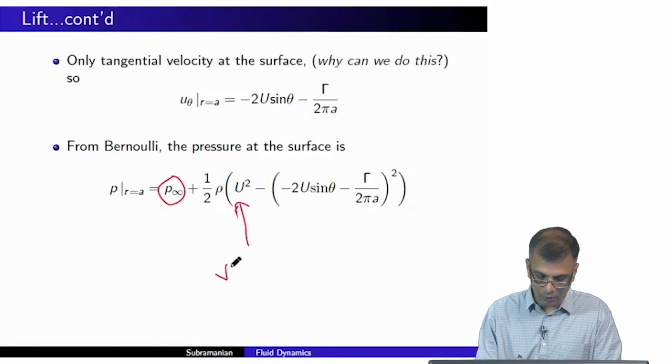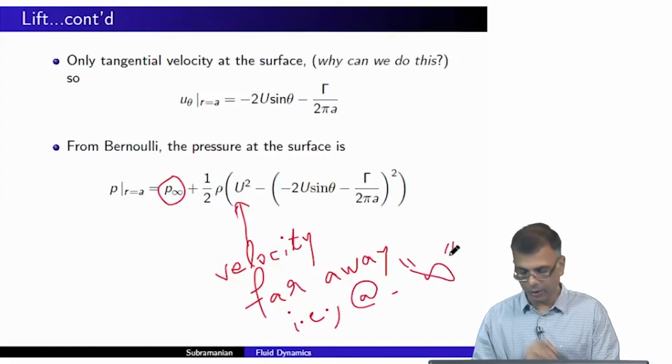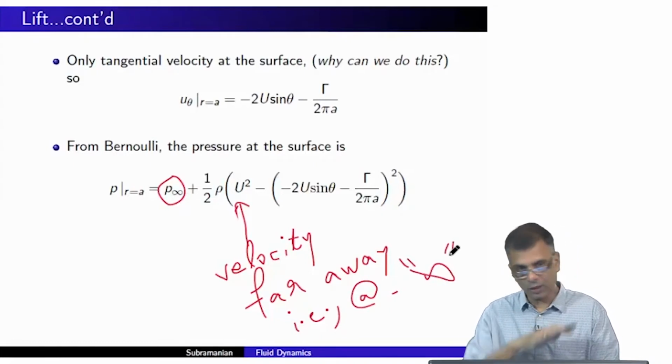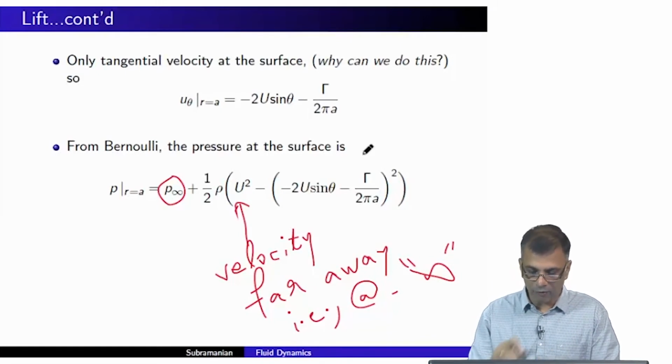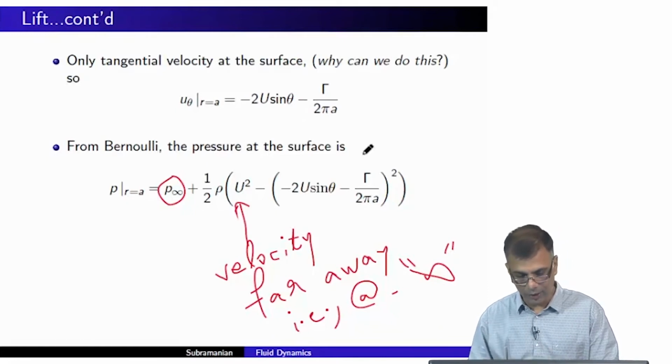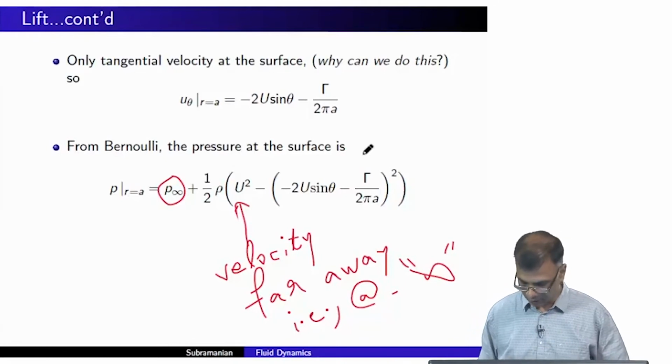This is the velocity far away, at infinity, undisturbed by the presence of the ball. And this is the velocity very close to the surface. So that's how it works out, and this is simply a consequence of applying Bernoulli's constant, right?